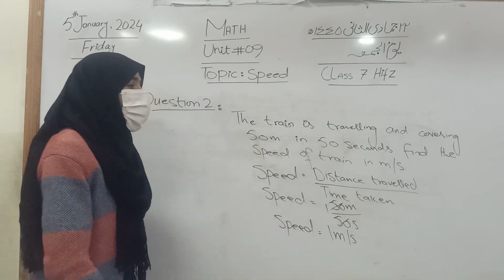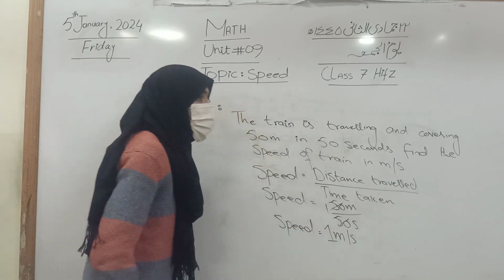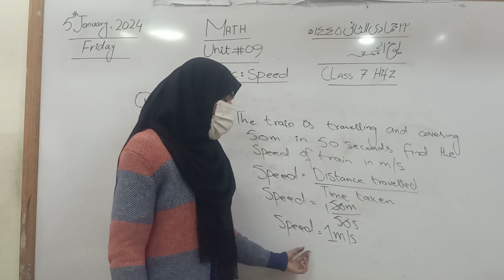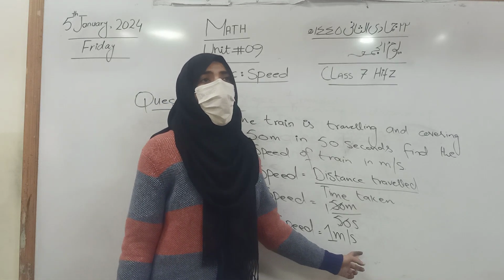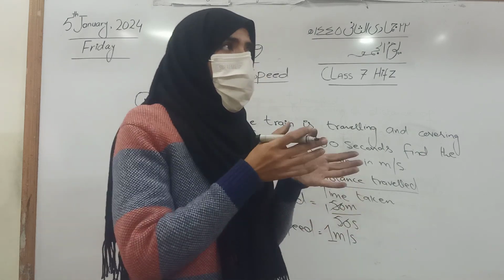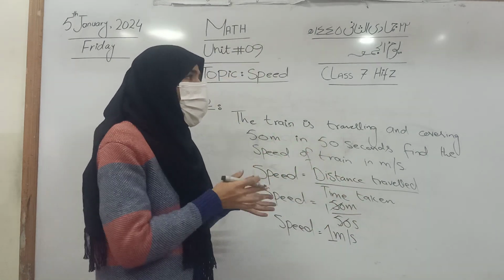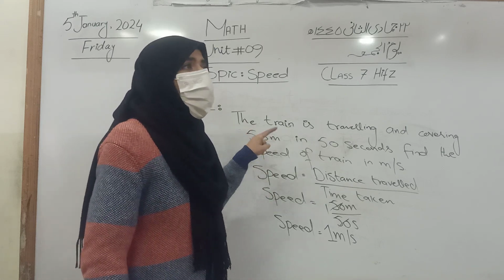The speed of the train is 1 meter per second. It means the train is covering a distance of 1 meter in 1 second, so the train is covering 50 meters in 50 seconds.